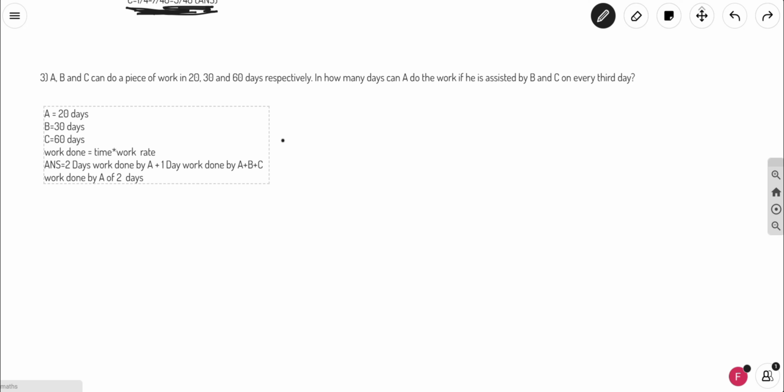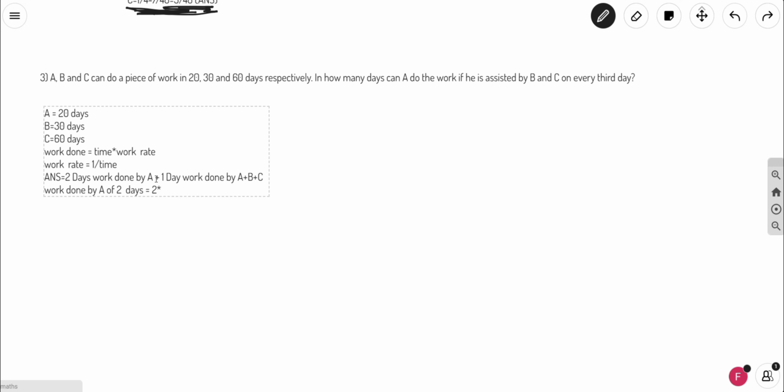Work rate formula, work done formula: work done is equal to time into work rate. So work done by A in 2 days is equal to time into work rate of A. So we have to find the work rate of A first.